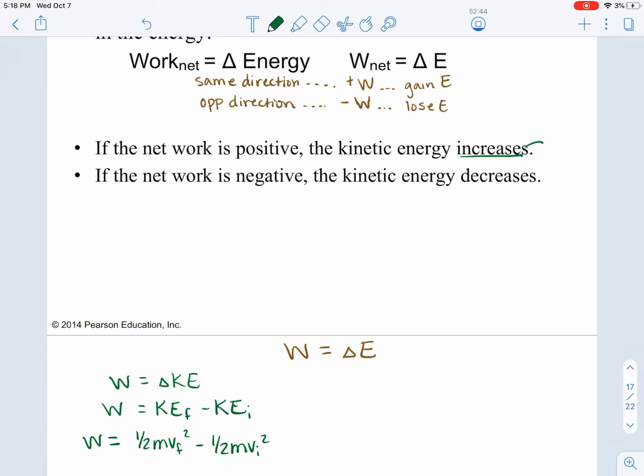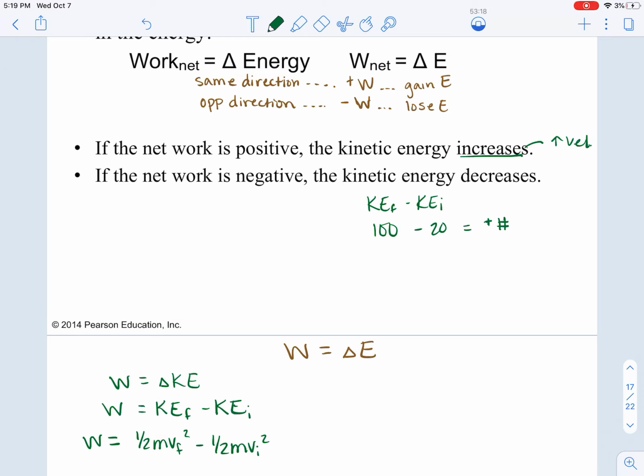If my kinetic energy increases, then my object probably increased its velocity, which means that when I do my final minus initial, my final velocity would be the bigger number. So that when I do my math work, I end up with a positive number here for my change in kinetic energy, which means a positive number for my work. Oh, that makes sense, right?